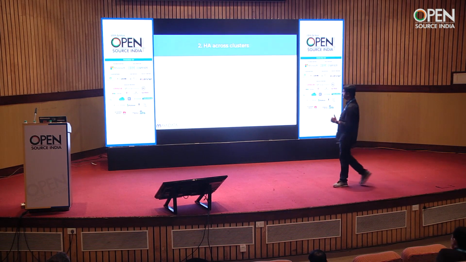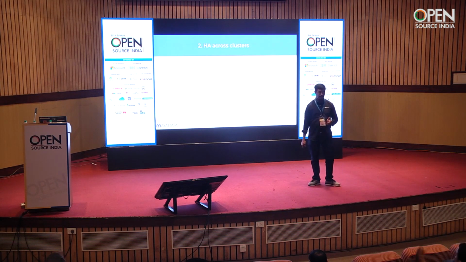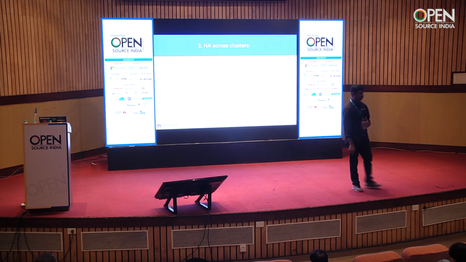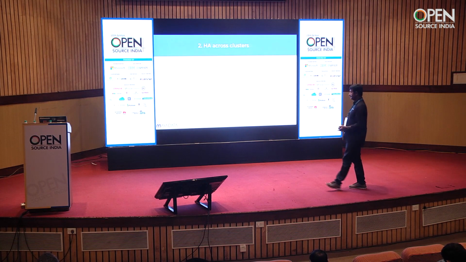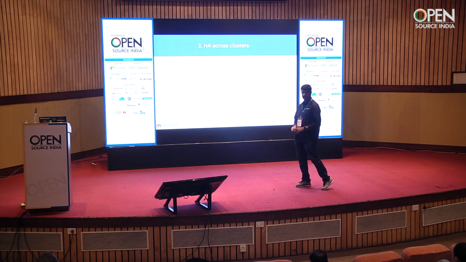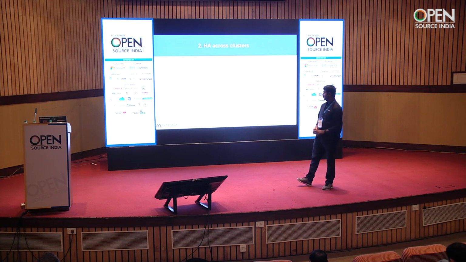The same challenge is there across the clouds as well. We keep talking about multi-cloud. What's an example of multi-cloud? Your code is in a cloud, which is GitHub, and your developers are using Kubernetes on-prem.